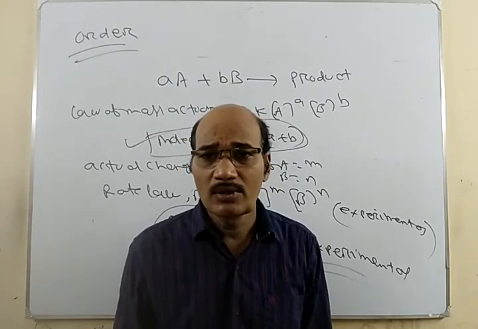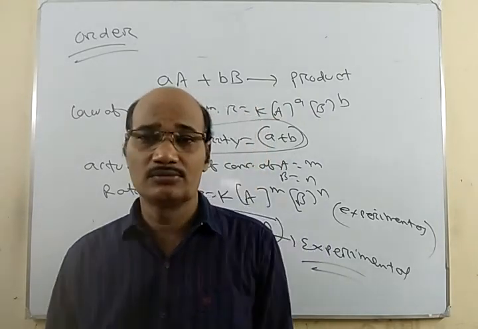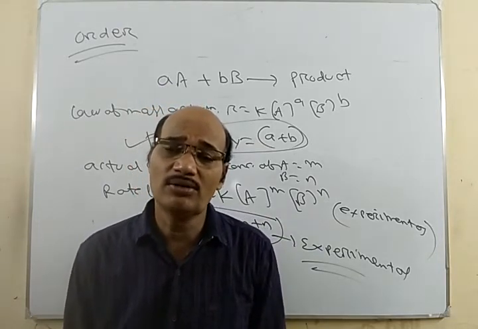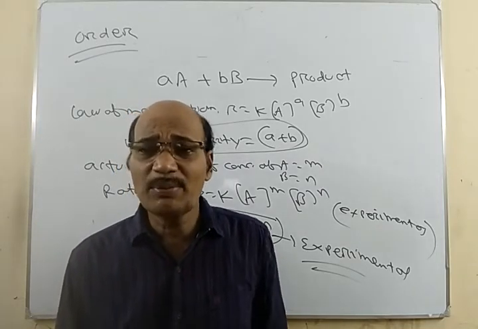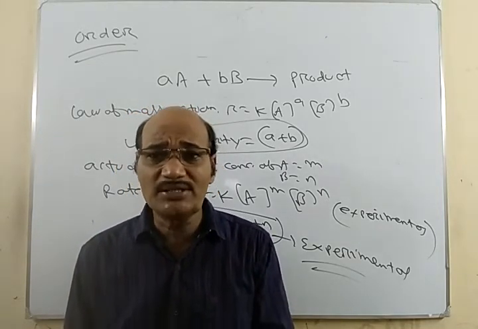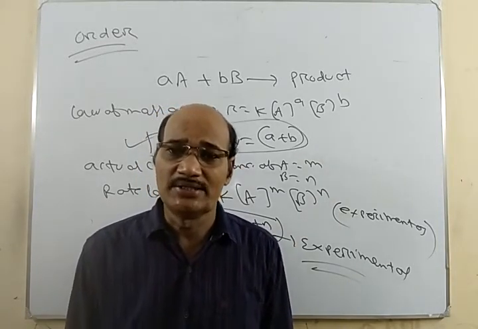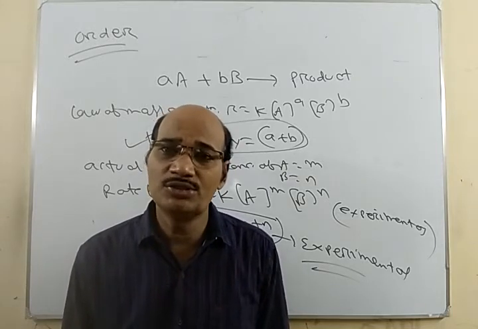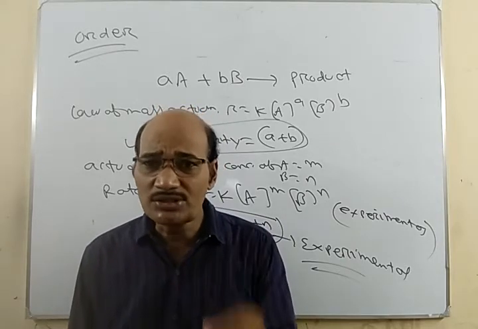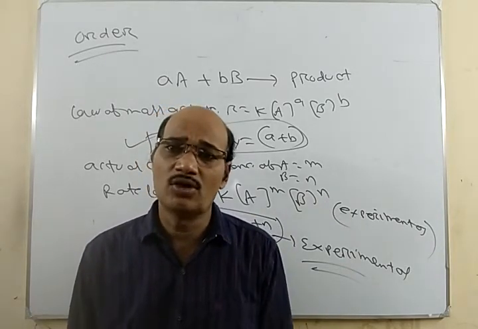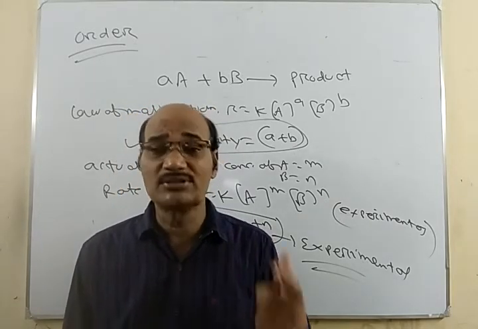And if three reacting terms are changing, it is called a third order reaction. And sometimes the rate of the reaction does not depend upon the concentration of any reactant. Then the order is 0. That is called a zero order reaction. Sometimes the order of the reaction also becomes a fraction.